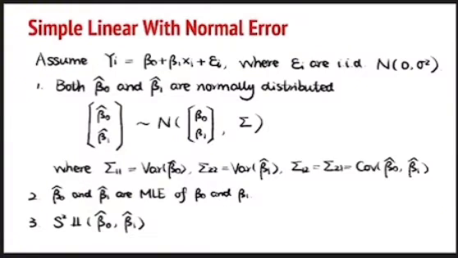Now, there's something I'm going to tell you. When an estimator is consistent, that doesn't mean it's going to be efficient. I'm going to say that again: consistency does not imply efficiency.